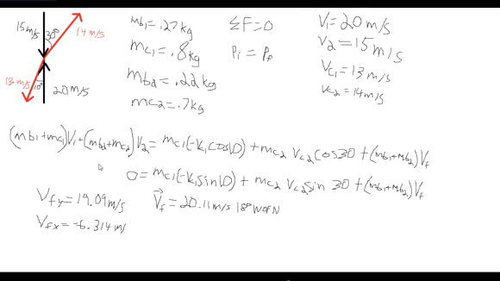So it's going to go 18 degrees west of north. Our final velocity for both the birds after they collide is 20.11 meters per second at 18 degrees west of north.